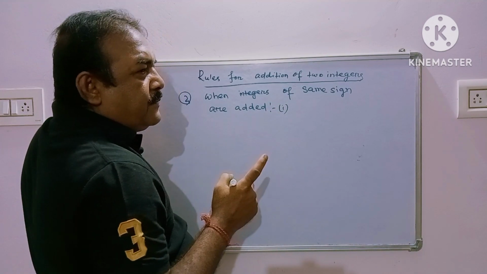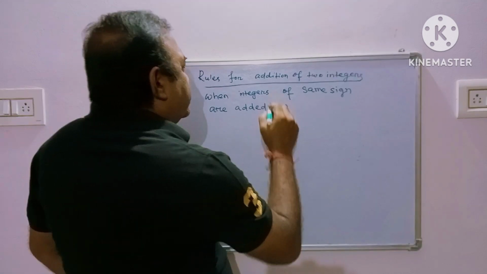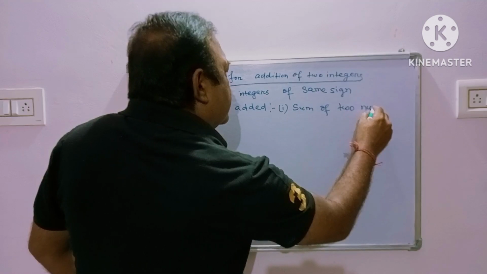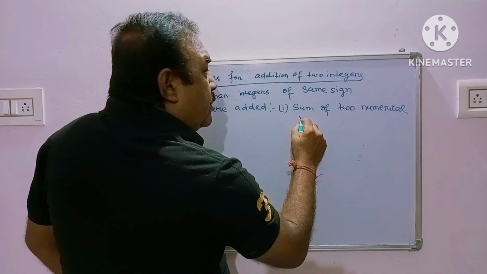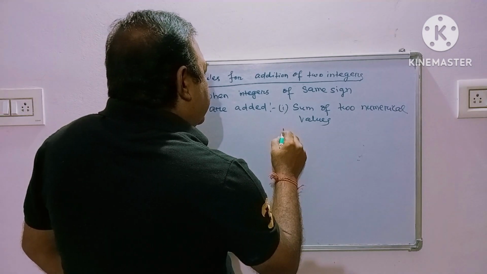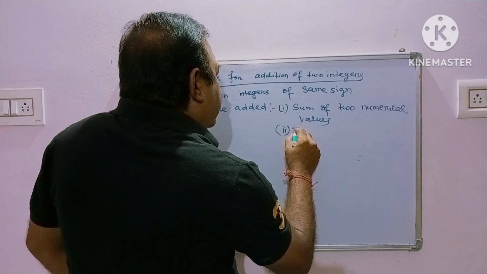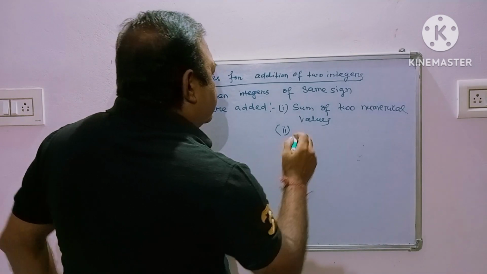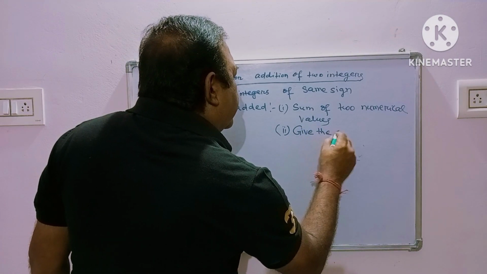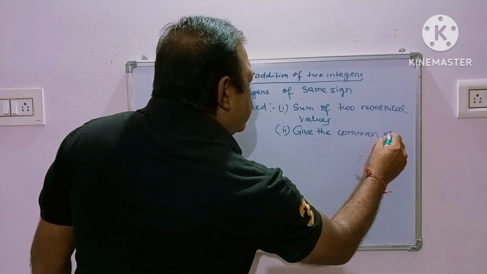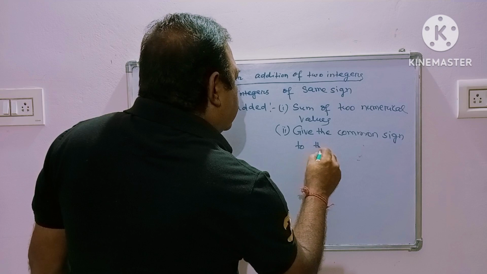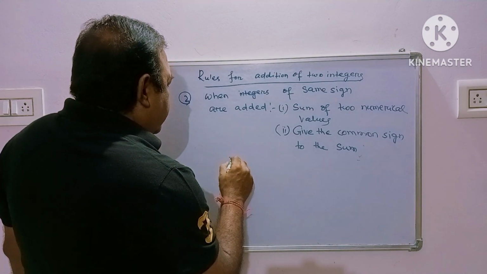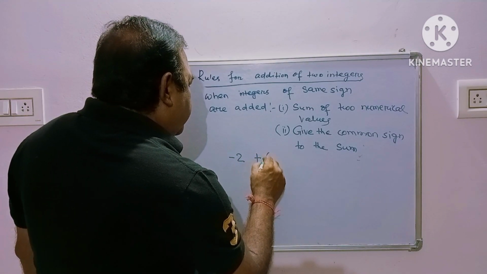Now we have to take the sum of the two numerical values, and give the common sign to the sum. So you see, minus 2 plus of minus 5.